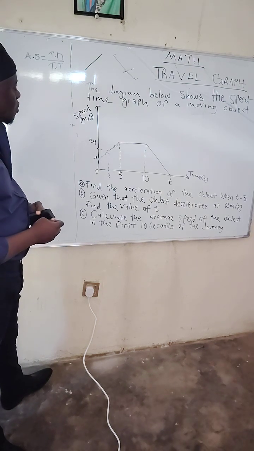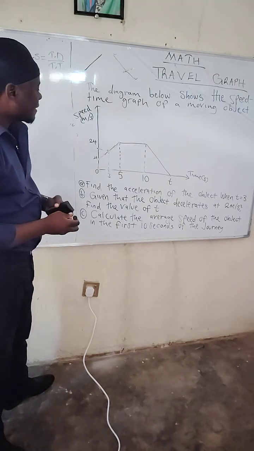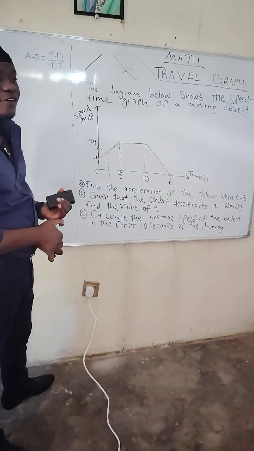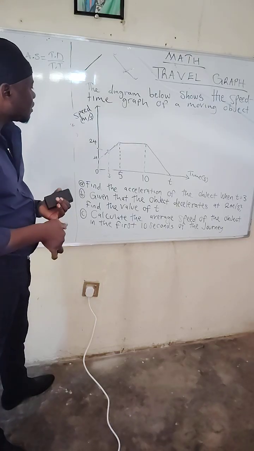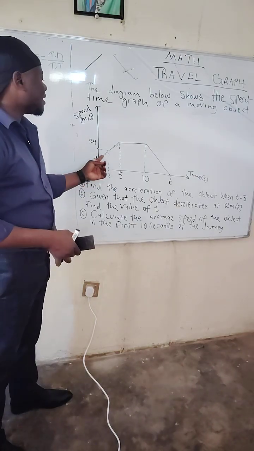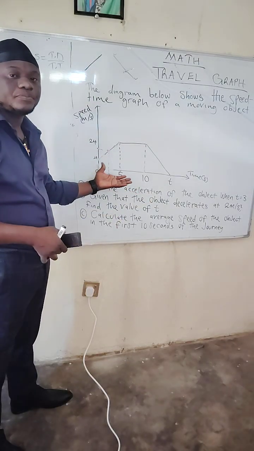So now let us calculate distance. Whenever you are dealing with a speed or velocity travel graph, if you need distance, the distance should be the area of that shape.